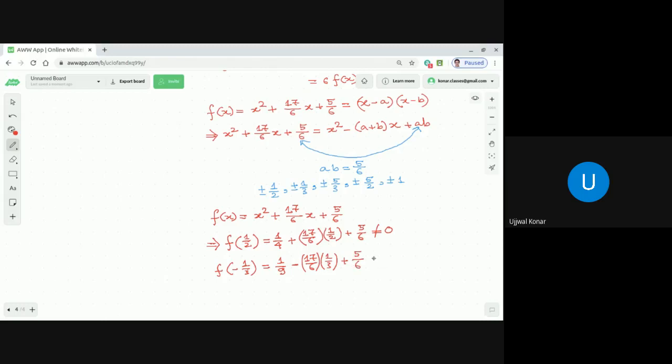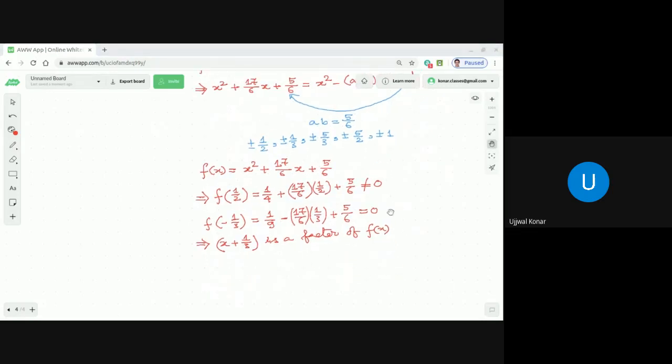And that value, if you compute, is equal to 0. So now what can we say? As f(−1/3) is equal to 0, this implies x + 1/3 is a factor of f(x).